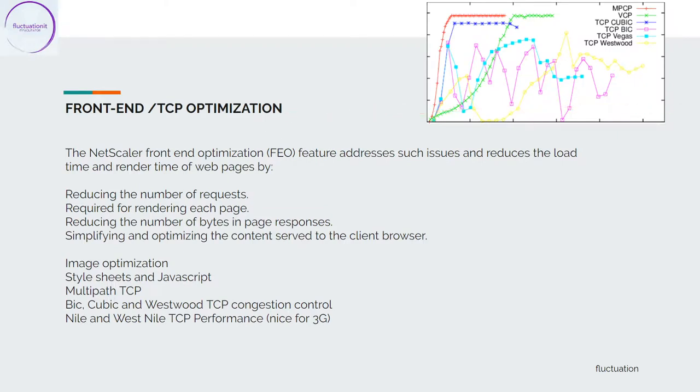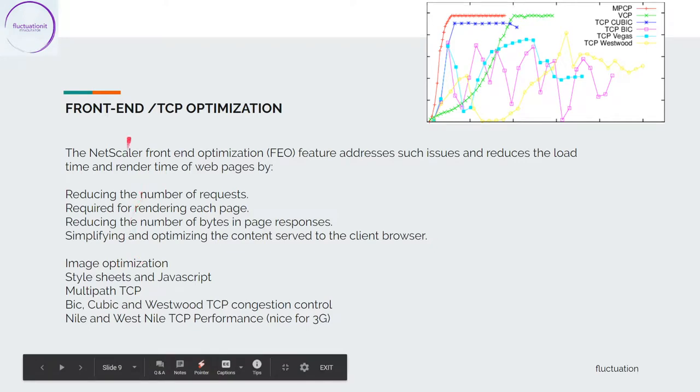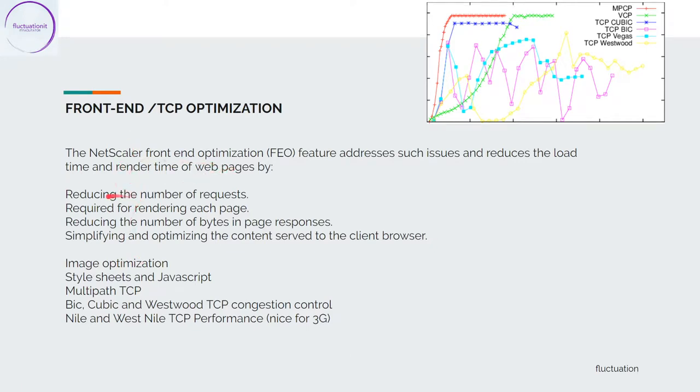After that, we have front-end and TCP optimization. This is something amazing. I use it a lot. This is really to reduce the load, okay? And how will they reduce the load? By using a lot of techniques here. The goal is to reduce the number of requests required for rendering each page and to reduce the number of bytes in the page response.